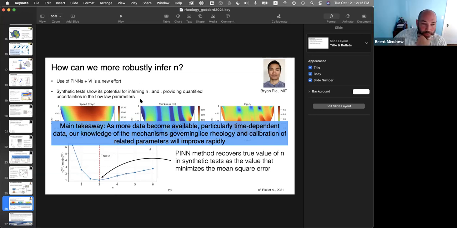I think the big part about this particular piece of work is bringing in the variational inference component so that we could actually do uncertainties and get a distribution for our inferred parameters, or our optimized parameter, in a computationally efficient way.